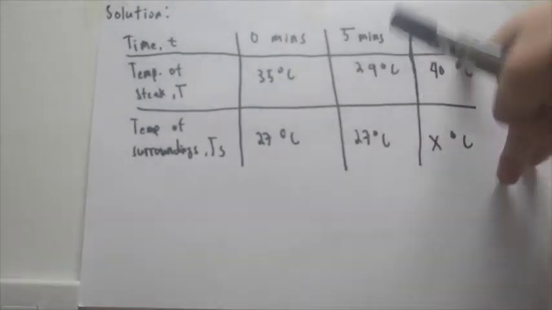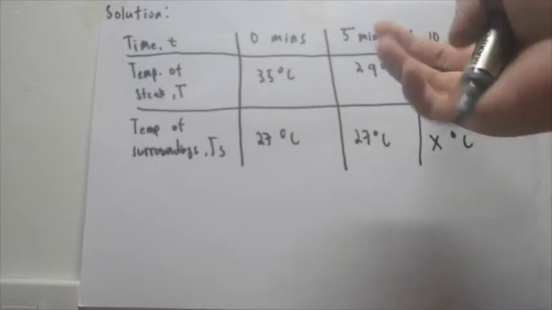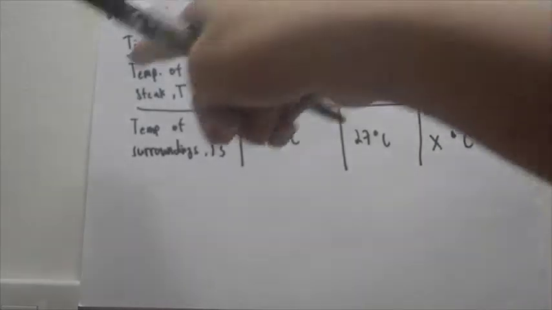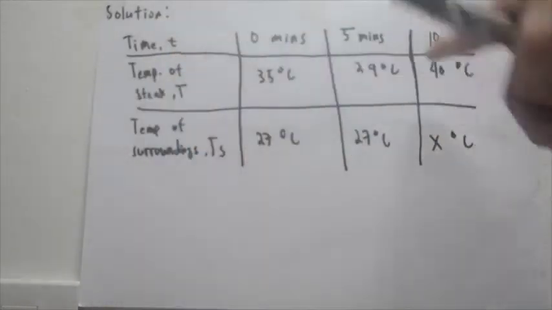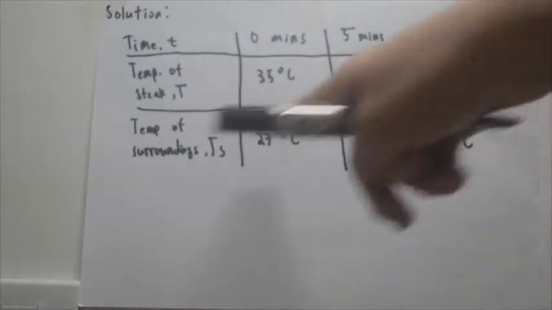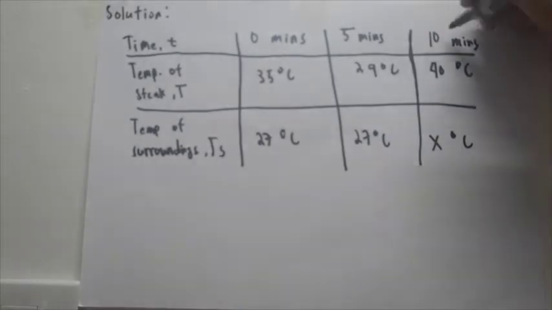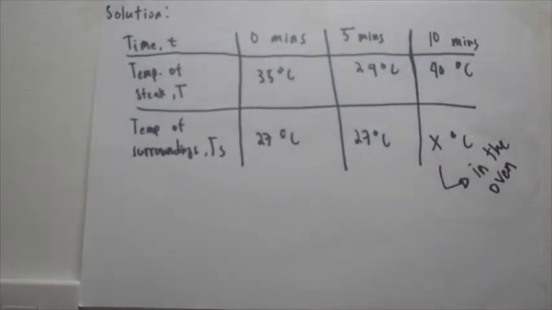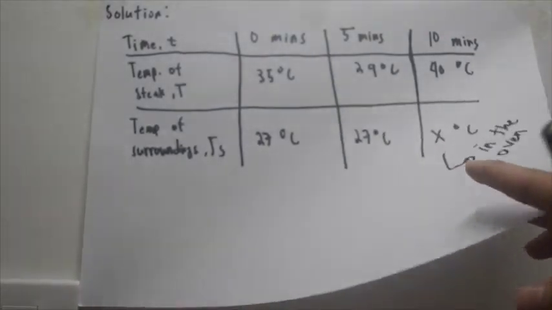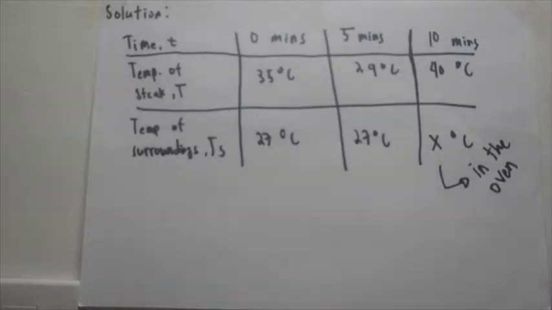After 5 minutes again, so it is actually 10 minutes, the temperature of the steak is 40 degrees Celsius, and the temperature of the surroundings, which is the microwave oven, is x degrees Celsius. We don't know.